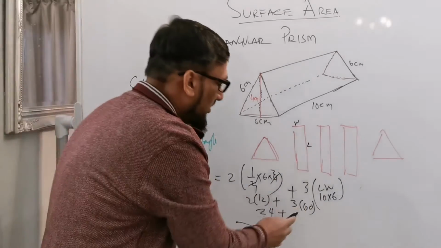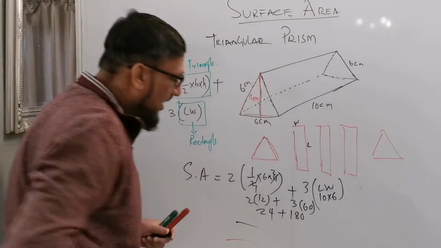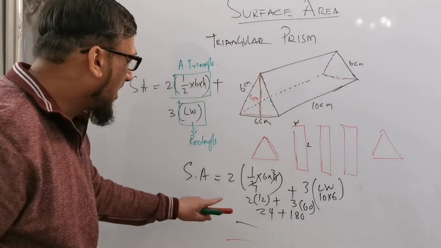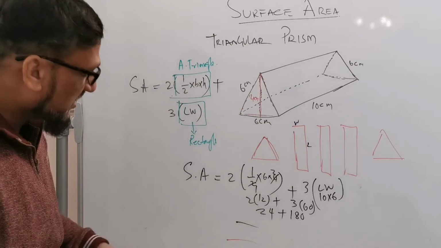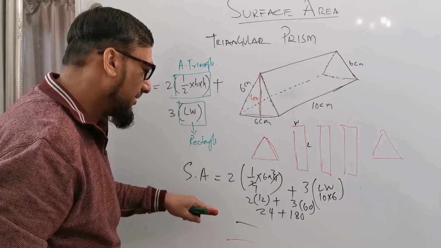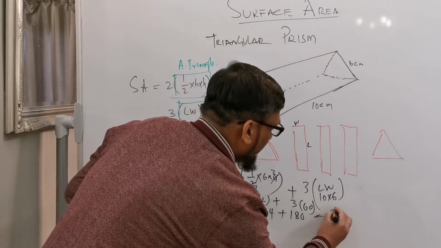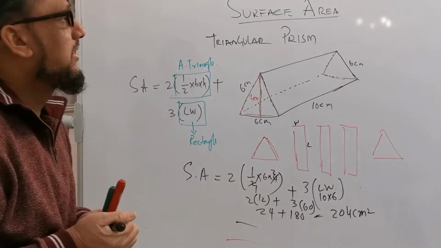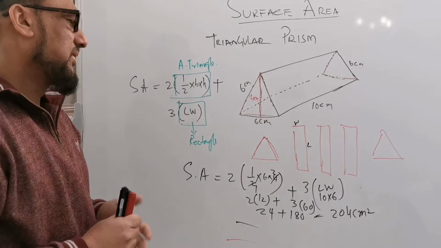And 60 times 3, which is 180. So it means the surface area for this triangular prism is 204 centimeter square.